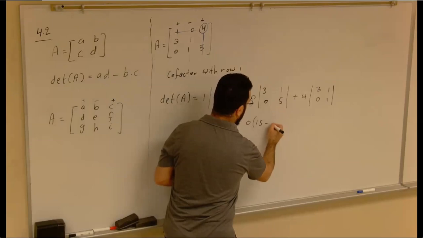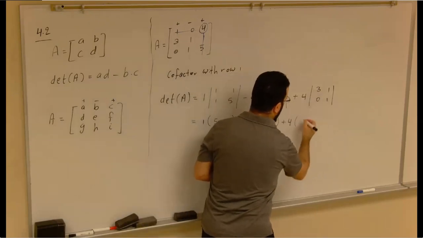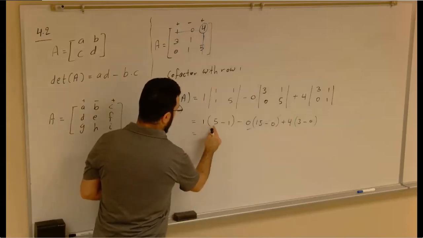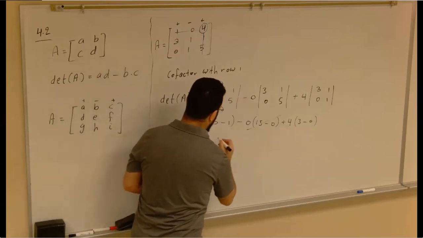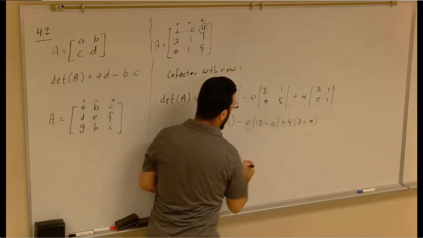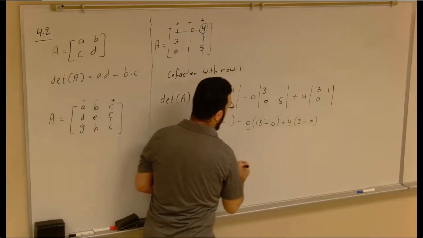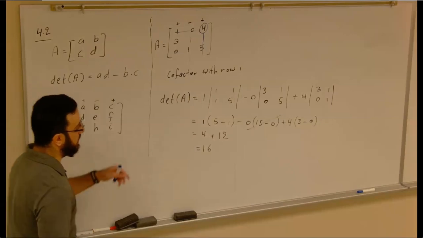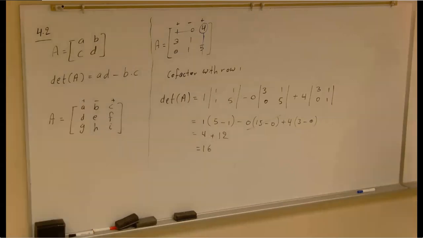Plus 4 times, 3 times 1 minus 0. 0 times any number is 0. So 4 times 1 is 4, plus 3 minus 0, 3 times 4, 12. So the result is 16.